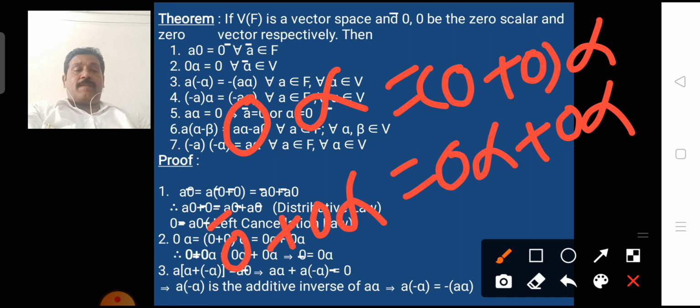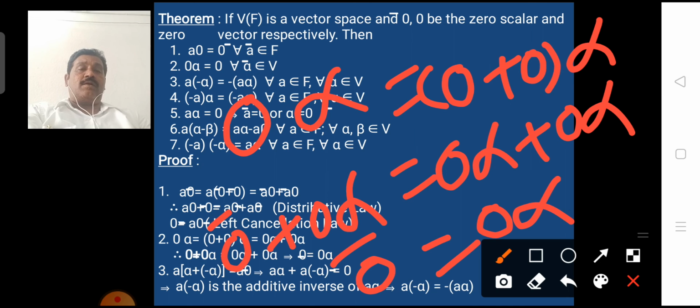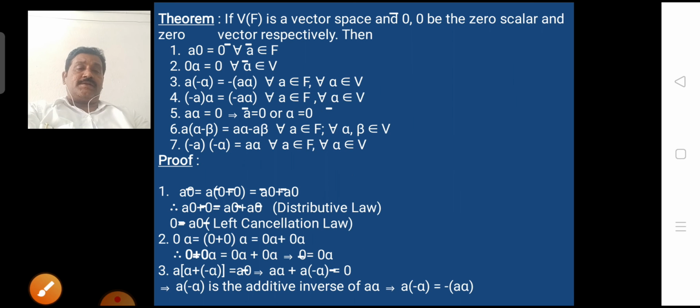We are adding the 0 bar, the zero vector, on the left side. From this equation, by the right cancellation law, we get 0 bar equal to 0 alpha, right?